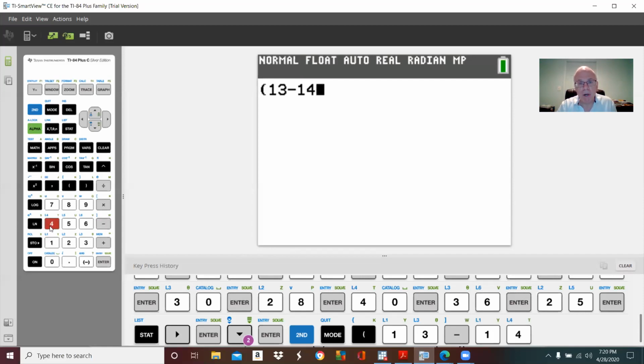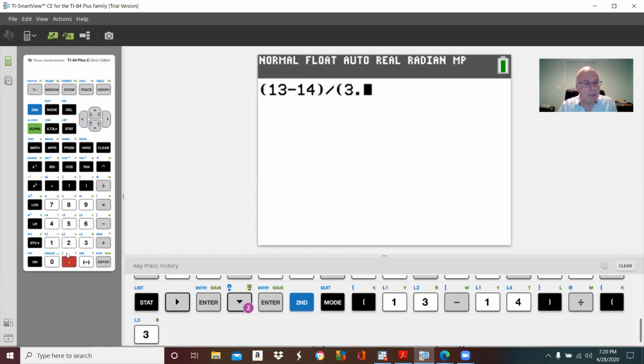X bar is 13, mu, the hypothesized value, is 14. We're going to close parentheses, and we're going to divide by, and notice again, I have to use parentheses for both the numerator and denominator. The denominator is S, which is 3.5, that's our sample standard deviation, divided by the square root.